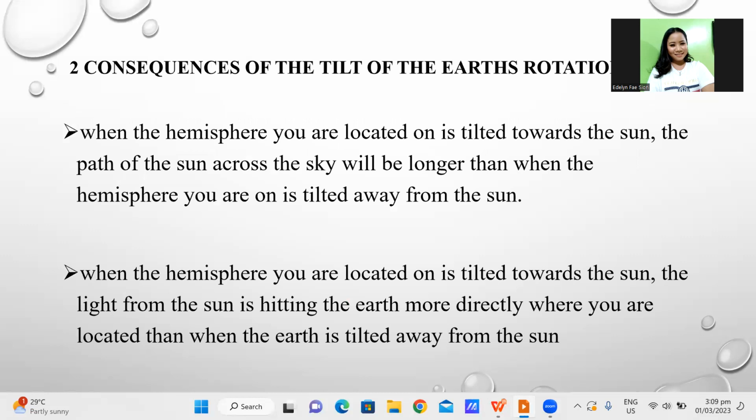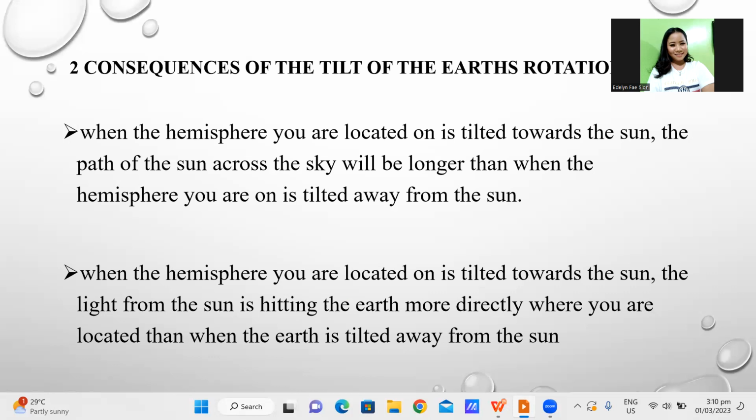So these are the two consequences of the tilt of the Earth's rotation. The first consequence: when the hemisphere you are located on is tilted towards the sun, the path of the sun across the sky will be longer than when the hemisphere you are on is tilted away from the sun.